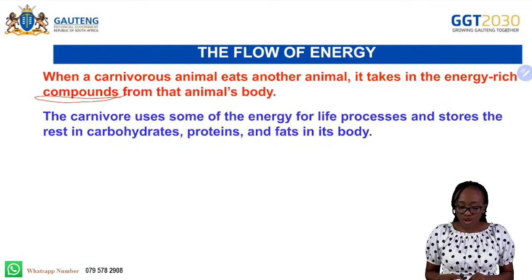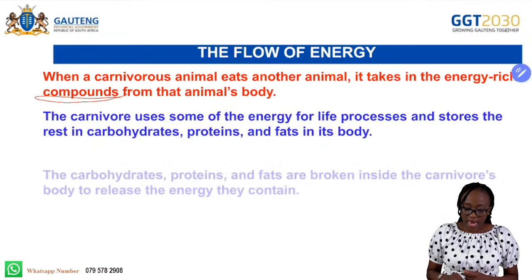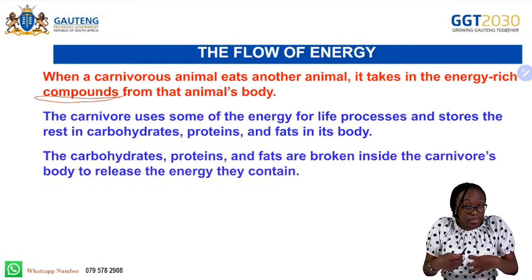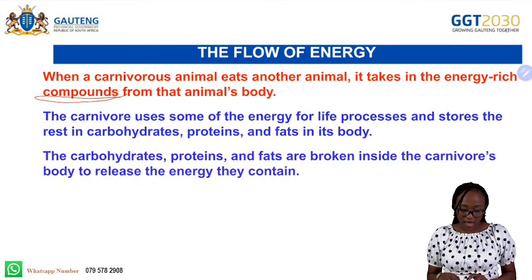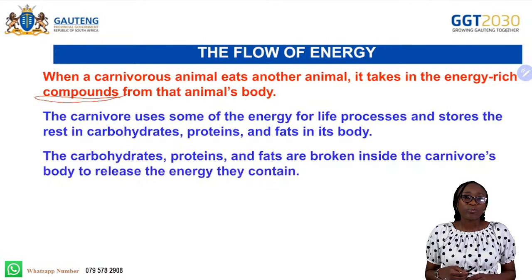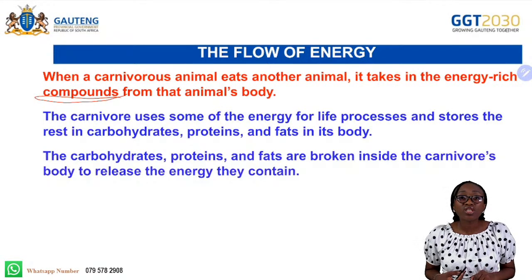So the carnivore is going to use some of the energy for life processes, and then will also store the rest in carbohydrates, proteins, and fats in its body. Now, the carbohydrates, proteins, and fats are broken down inside the carnivore's body to release the energy that they contain. In case the carnivore needs to run, that's movement. The carnivore needs to respire, that's respiration. And the carnivore needs to reproduce.